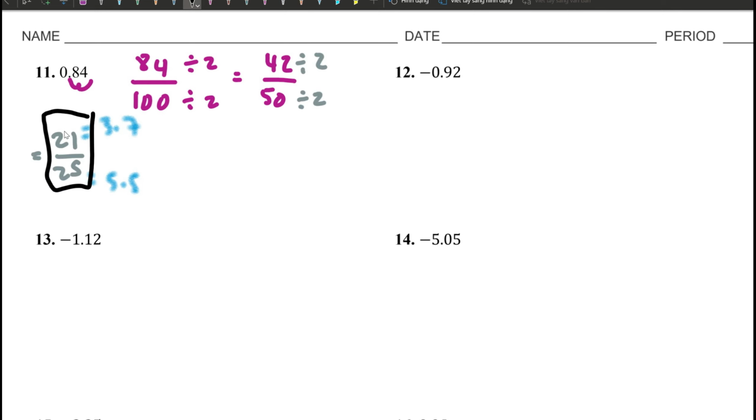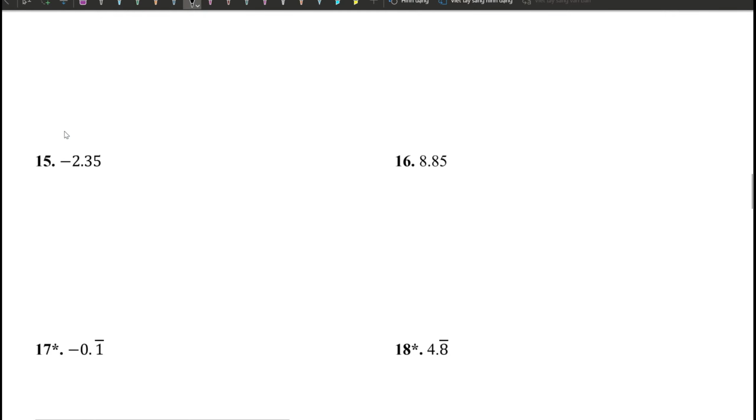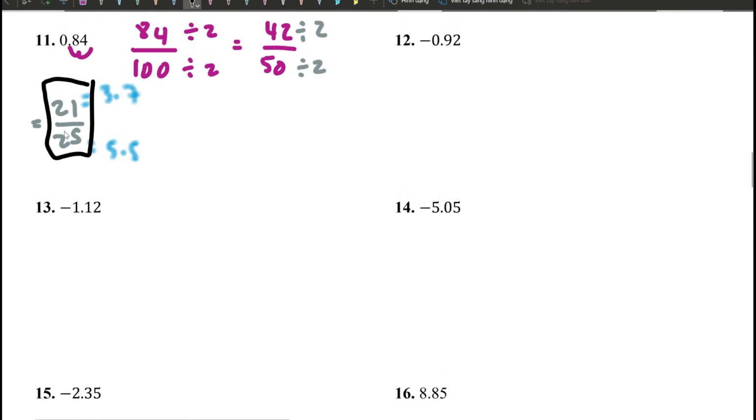Okay, I'm going to give you one more example for number 13. Number 13, you will have -1.12. So basically, -1 is the one whole because it's a whole number. The .12 will be written as a fraction, 12 over 100, because you have two numbers after the decimal point.